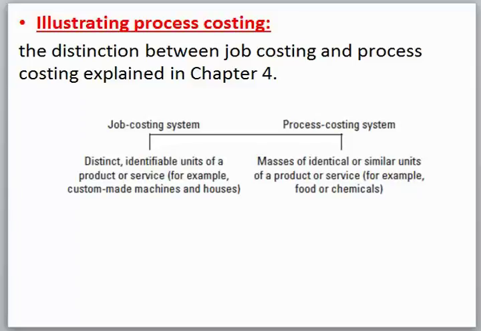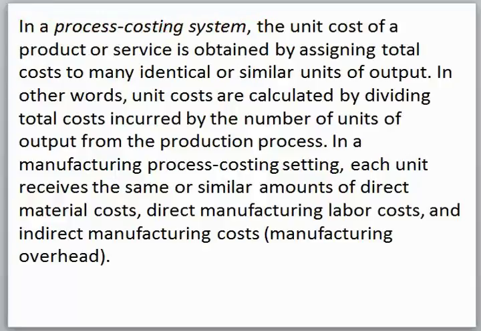But a process costing system is based on masses of identical or similar units of a product or service, like food or chemicals. So in a process costing system, the unit cost of a product or service is obtained by assigning total costs to many identical or similar units of output.